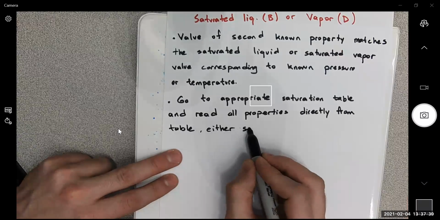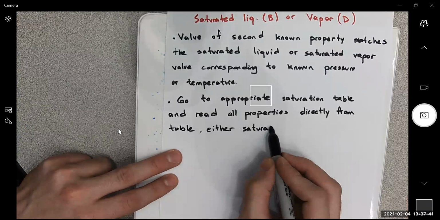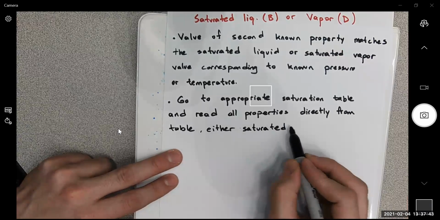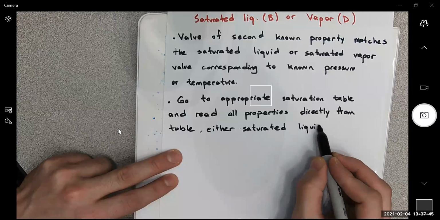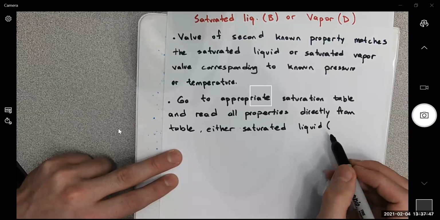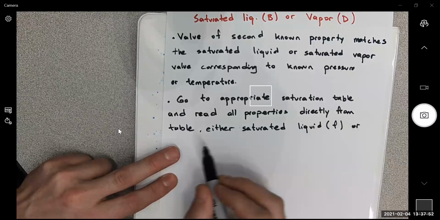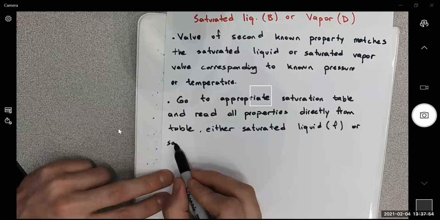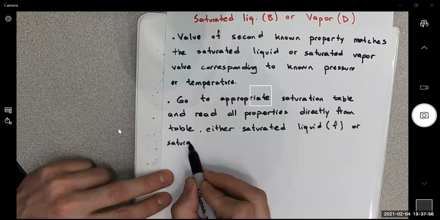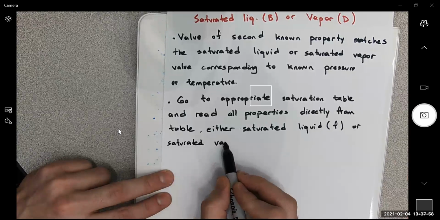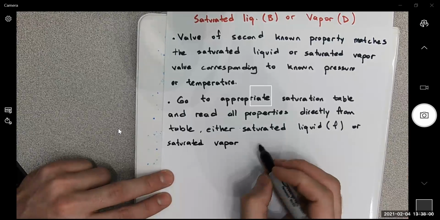Either saturated liquid, f, or saturated vapor, g.